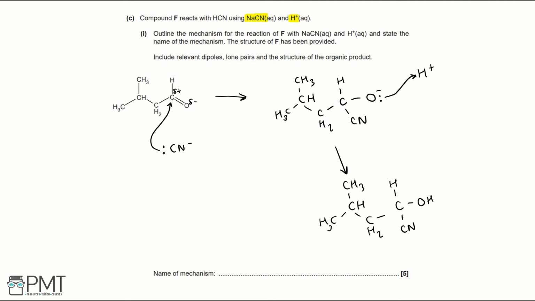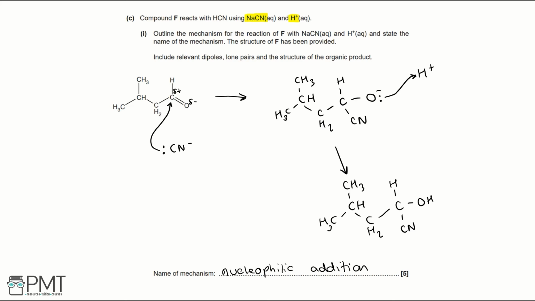So this is our organic product, and now we need to name the mechanism. We have a nucleophile, so we can start by writing nucleophilic, and then you've got 2 choices, addition or substitution. Well, we haven't substituted anything in compound F, so we are adding. We've added this CN, we've added this nitrile, so it's nucleophilic addition.